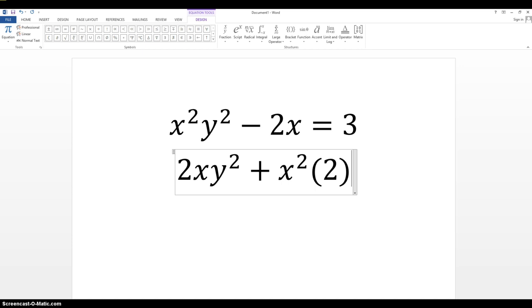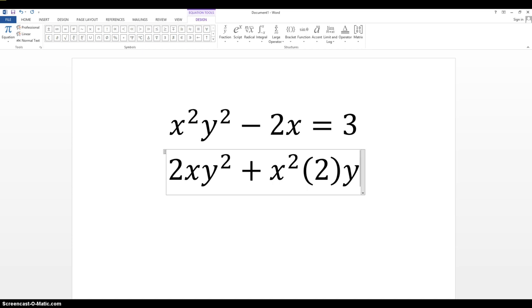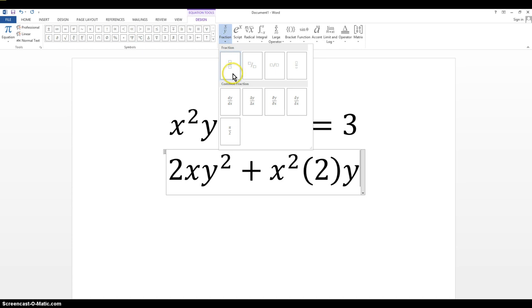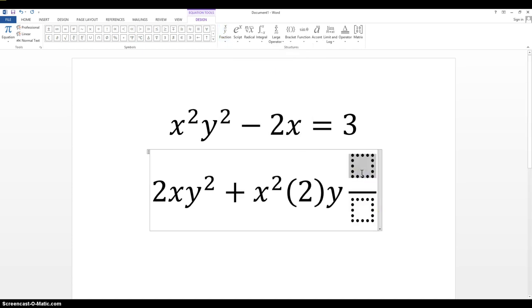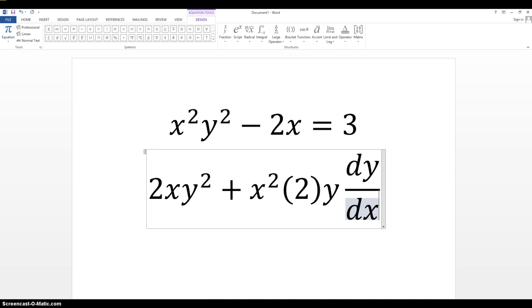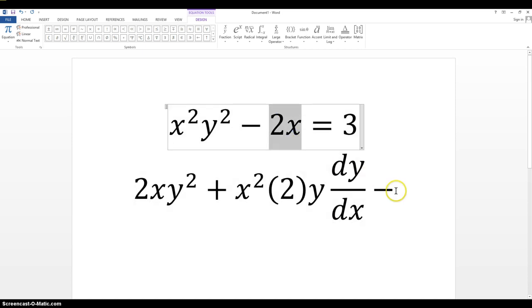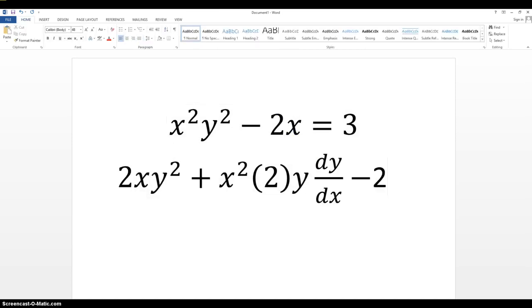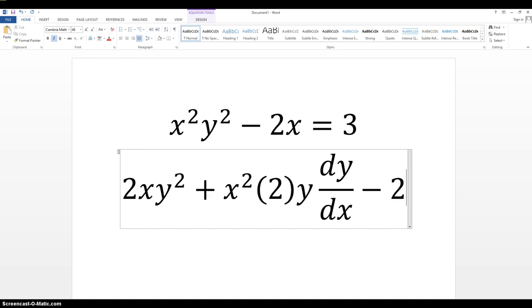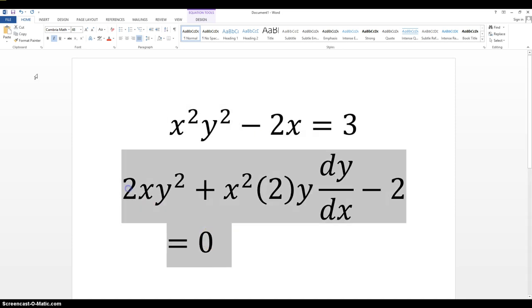The power times my expression to the one less power, which will simply be the power of 1, times the derivative of what's being raised to the power. So dy/dx, minus, and what's the derivative of 2x? 2, correct, equals, and what's the derivative of 3? 0, correct. So let me make this smaller so it can fit into one line.